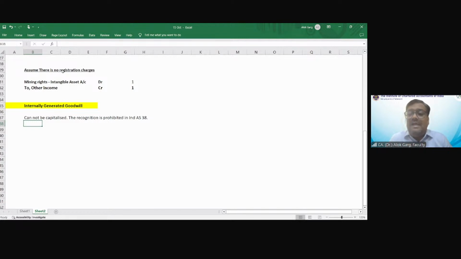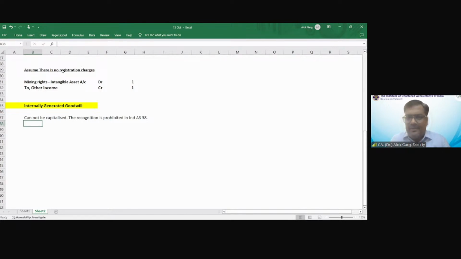whenever you see any balance sheet which is having goodwill, like Infosys, in Infosys, you can see the goodwill worth rupees, if my memory is correct, 7,000 crore or 5,000 crore is the number. So if you see the goodwill in the books of Infosys or some other companies, will it be internally generated goodwill? No, it is a purchased goodwill. Means it is a goodwill generated under Ind AS 103 business combinations.